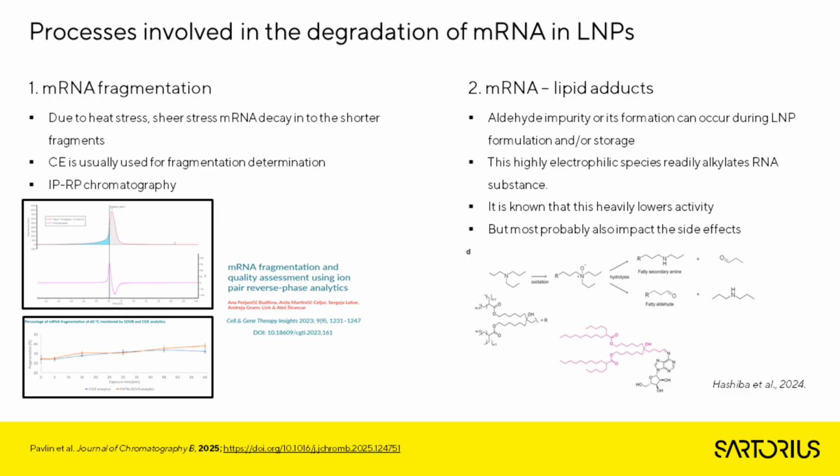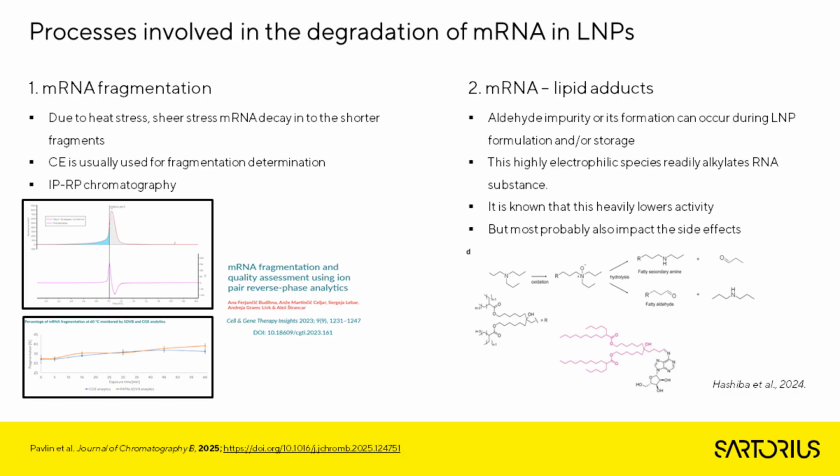in which we use reverse phase chromatography for determination of mRNA fragmentation. How we do it: we measure the normal UV chromatogram of the mRNA molecule, and then we take the first derivative of this UV signal.